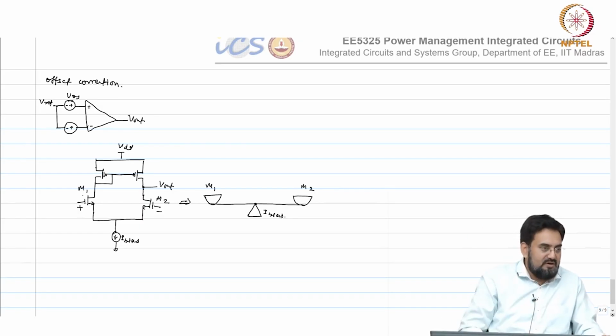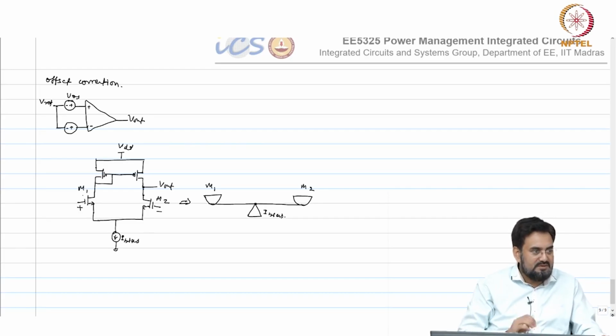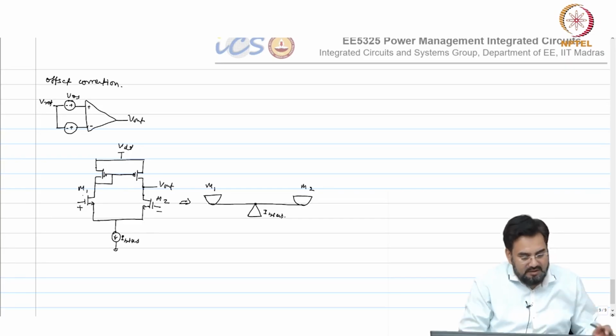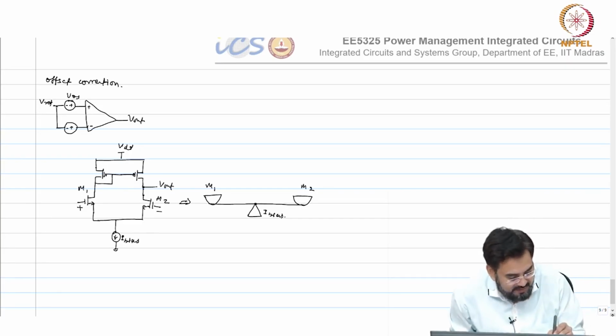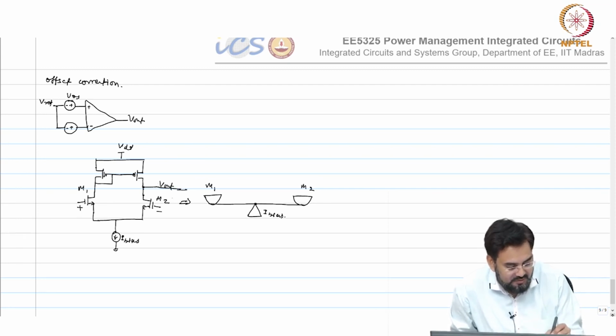I should make M2 stronger, so increase the size of M2. That's one way you can do it. Or I know that this Vout is going high, so I can pull some extra current, I will call it IOS.